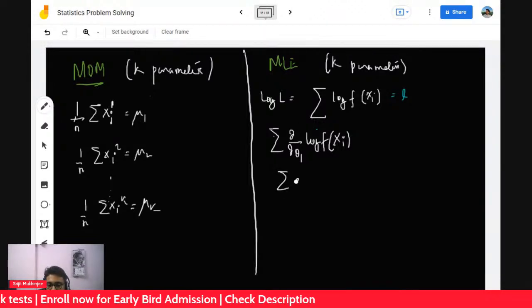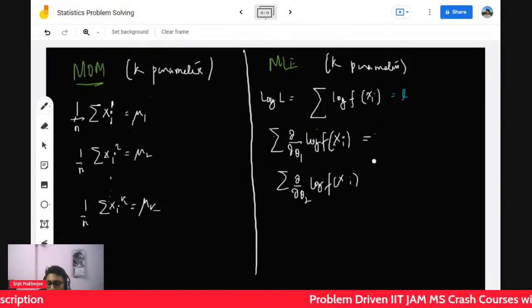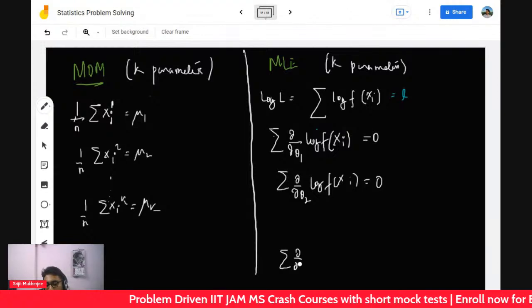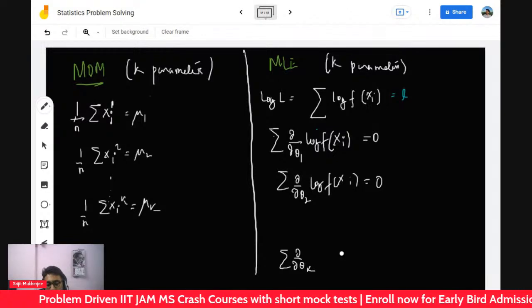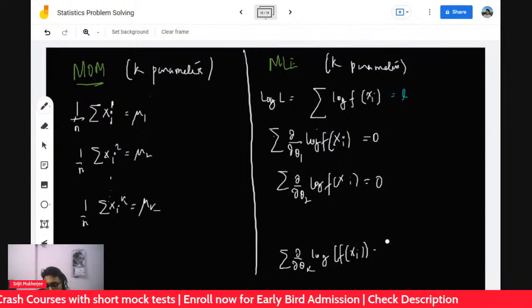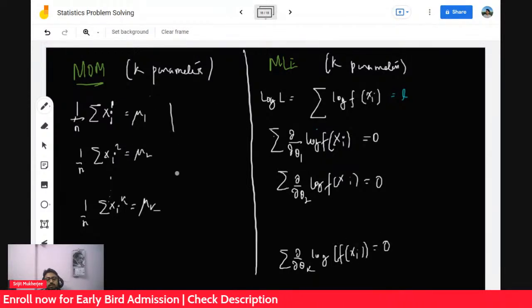Then we do it for del L del theta k, which is a function of theta, of course, is equal to 0. Similarly, we get k equations here. You see the k equations here. Here also k equations, here also k equations.